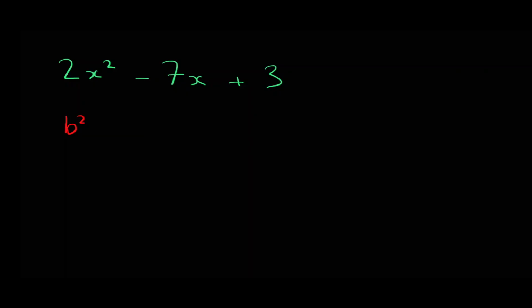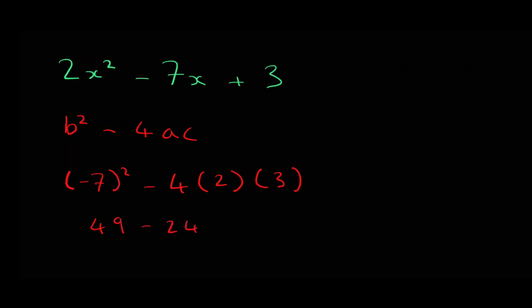Well, the discriminant is b squared minus 4 times a times c. So that's going to be negative 7 squared minus 4 times 2 times 3, which is 49 minus 24, and that's going to equal 25.